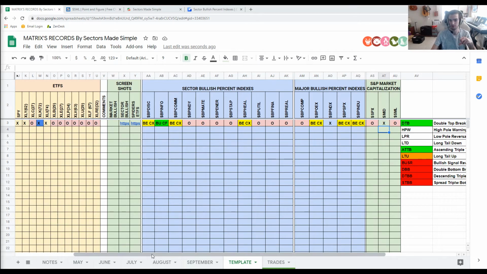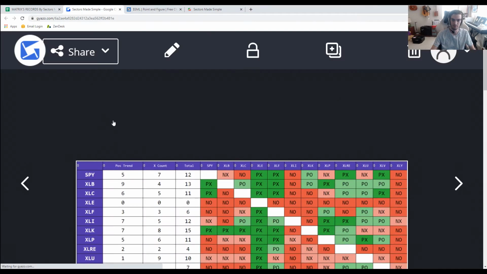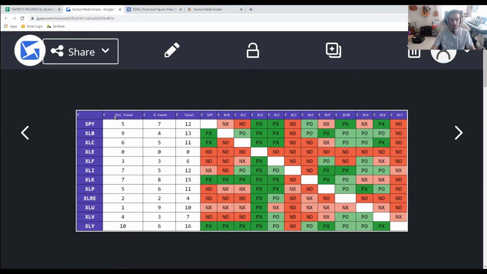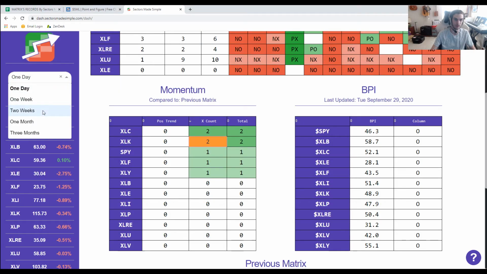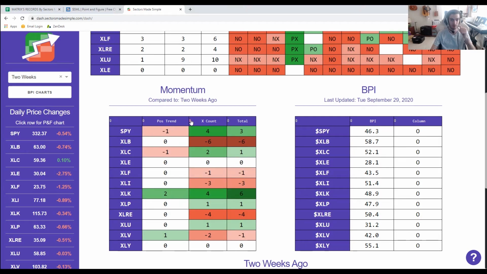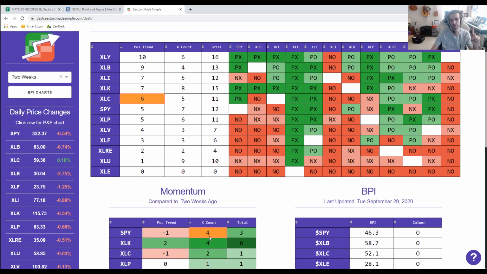So again, I'm going to just review everything that we've talked about. We first start off by taking a picture of the current matrix, so we know where we came from every single day. We then find our 2-week winner by looking at the 2-week momentum, sorting by X count, and then first place is the highest X count that also has a positive trend of greater than 5.